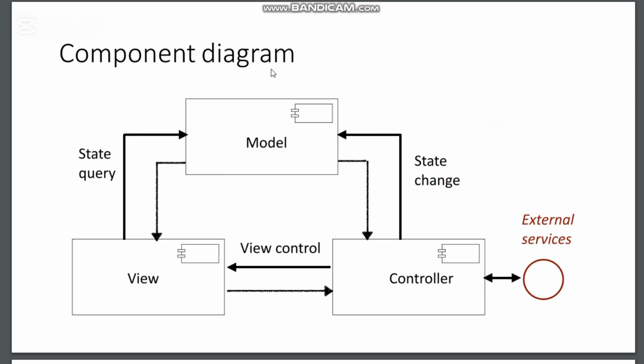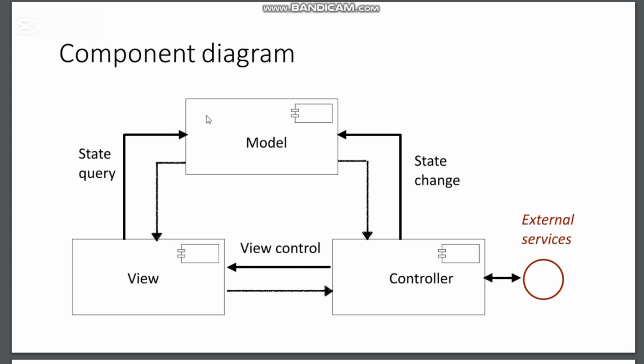Here in the component diagram we have the model, then the view, and then the controller, and these are the external services. The view and controller all have access to each other. The current state is handled by the controller but is saved in the model.